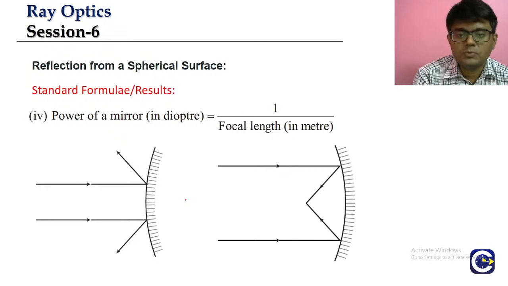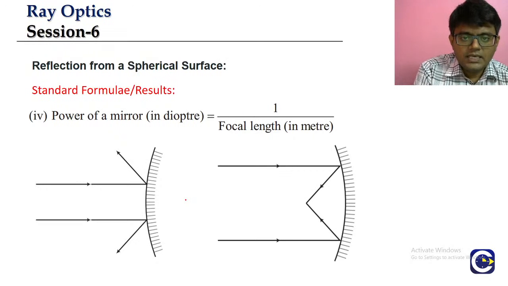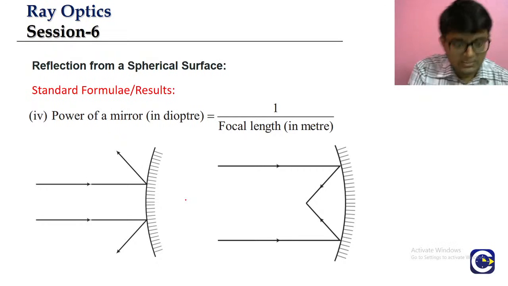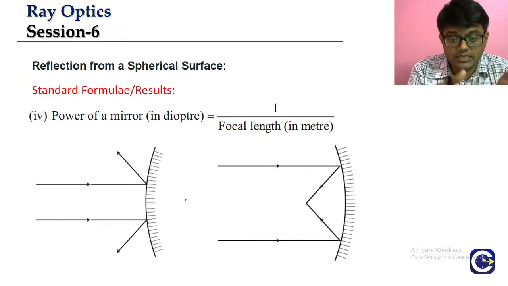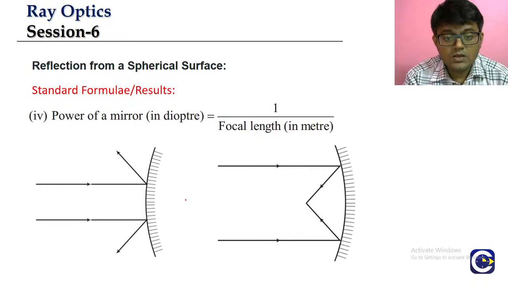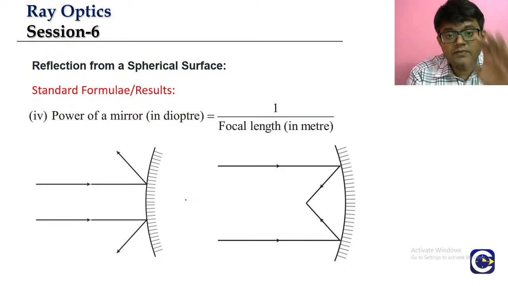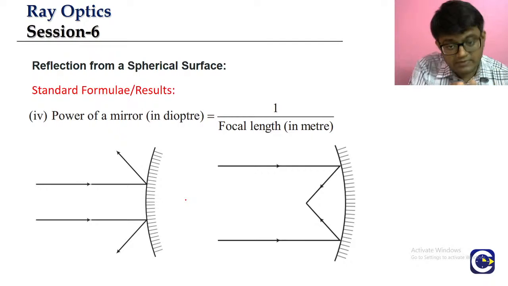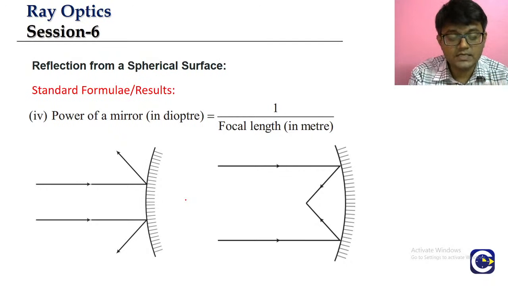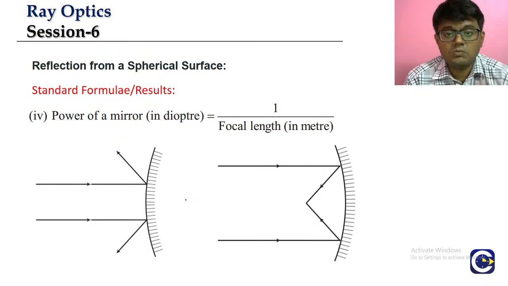So power is supposed to indicate either the ability of that concave mirror to converge the rays, or in case of the convex, the ability of the convex mirror to diverge the rays. That is the way in which we will talk about the power.